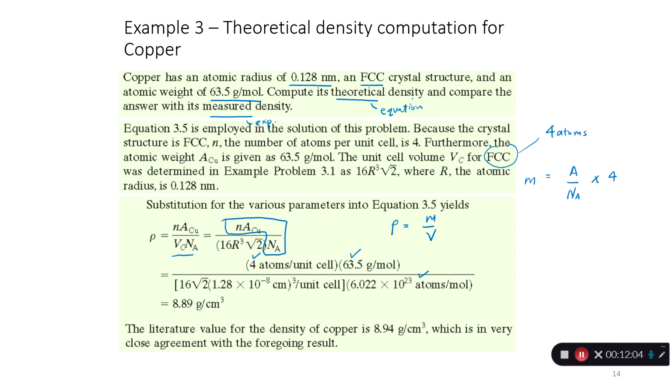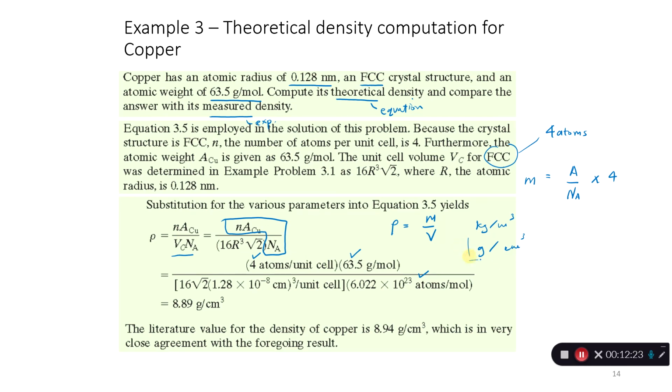Now be careful, since here the weight is given in grams per mole, you know that the mass will be in grams. Normally density is expressed as kg per cubic meter or grams per cubic centimeter.